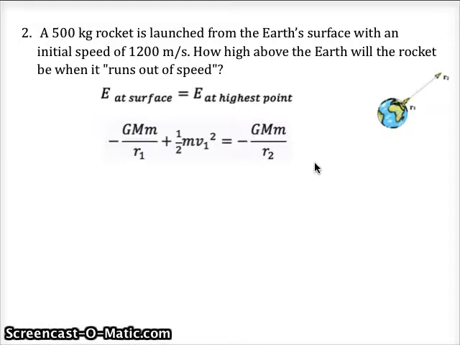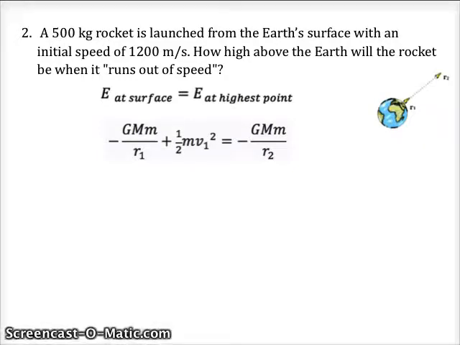There is potential energy, but there is no kinetic energy. The only real difference here is that even when the rocket was at the surface of the Earth, when it was first launched, it still has potential energy. That's the change from just launching a toy rocket and having it go up into the air.